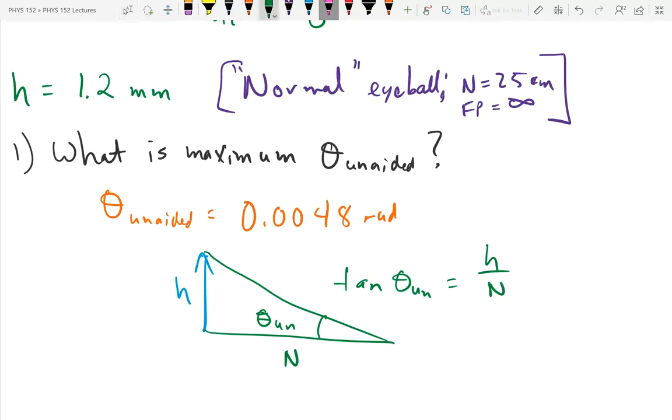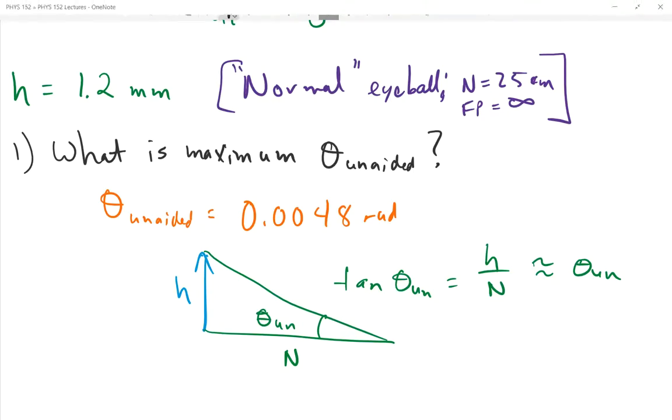And for small angles, that's just approximately equal to theta unaided. Now, if you're wondering if the small angle approximation is appropriate, put your calculator in radians mode and hit tangent on your answer. If you get an answer that's significantly different, then, whoa, small angle approximation wasn't appropriate. If it's fundamentally the same answer, it was appropriate. Okay, that's question number one.